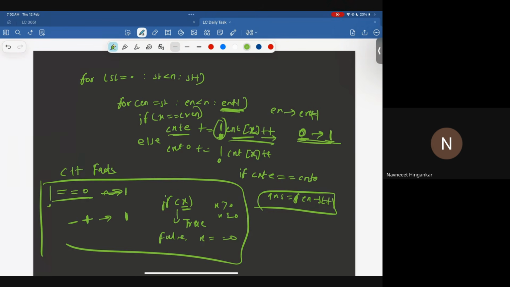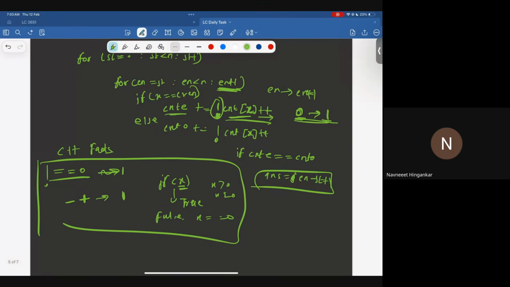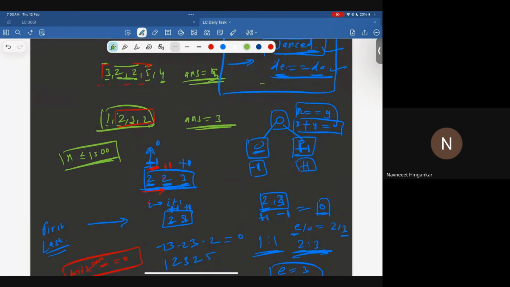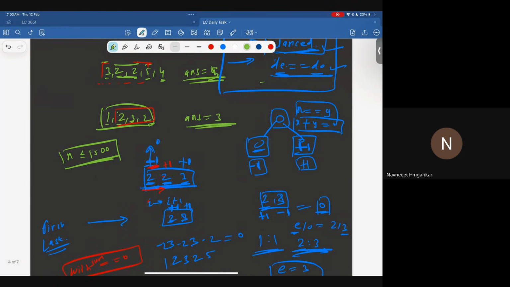This will not work for longest balanced subarray 2. Now here comes the difficult part. This was the easy task.